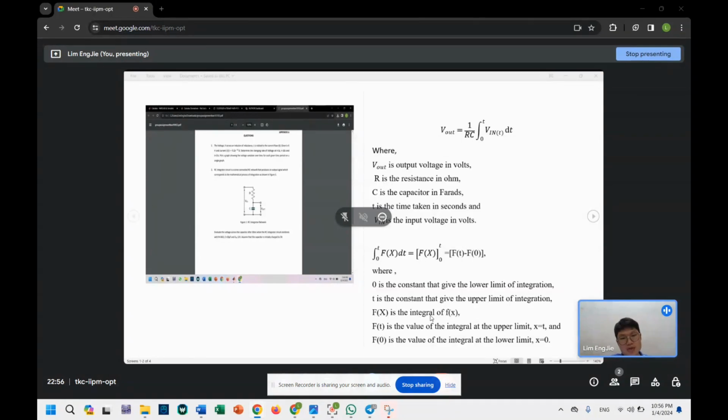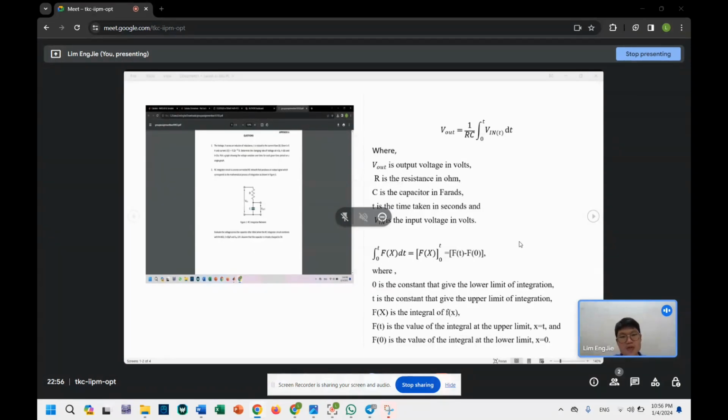F(x) is the integral of f(x). F(t) is the value of the integral at the upper limit x equals t, and F(0) is the value of the integral at the lower limit x equals 0.